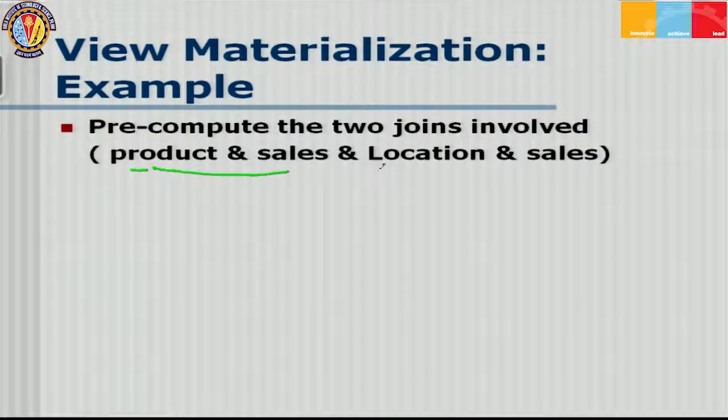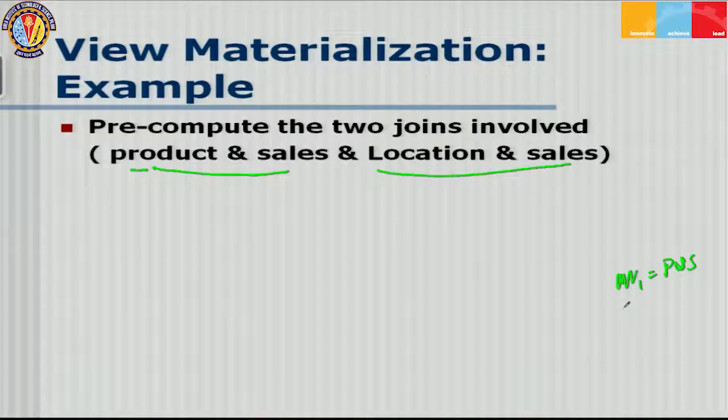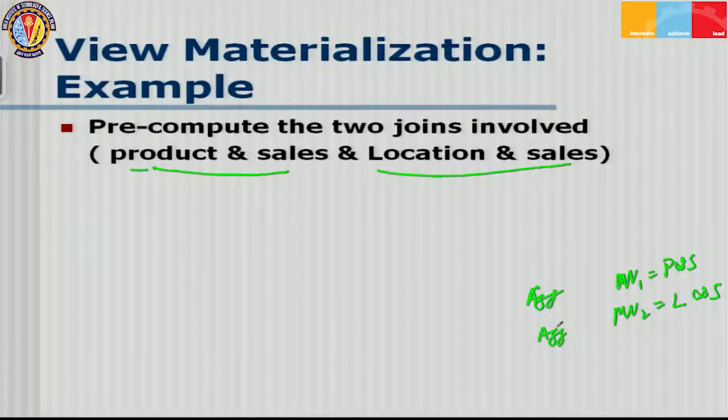Because joins, as you know, are expensive, I would have one materialized view, materialized view 1, which would be product join sales, and another materialized view which is location join sales. So in the first query I would only need to do the aggregation part, and similarly in the second one I will have to do only the aggregation part. The joins are already pre-computed.